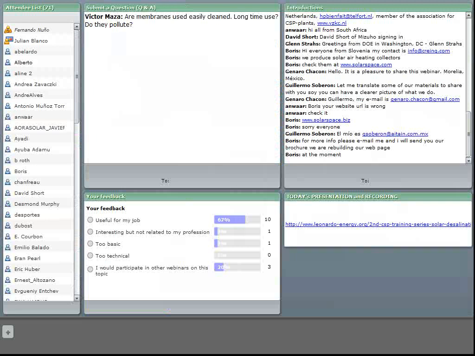One question about membranes, if they are easily cleaned and used for a long time. I suppose that you are talking about membrane distillation, and the experience for now is that they are very easy to clean, but the main problem, as I said before, is that the existing technology up to now is very preliminary.